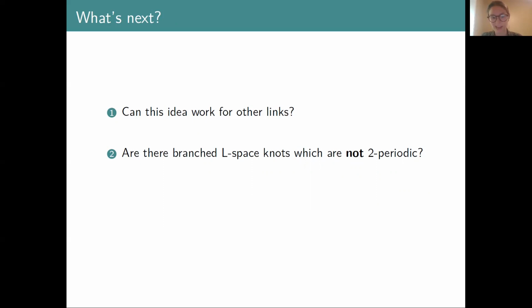I'm working on that. And the second obvious question is, can you build knots that give you all of these L spaces via branch cyclic covering that don't have a two periodic symmetry? So do any exist? And if they do, how would you find them? This kind of procedure that we illustrated obviously won't work for those.